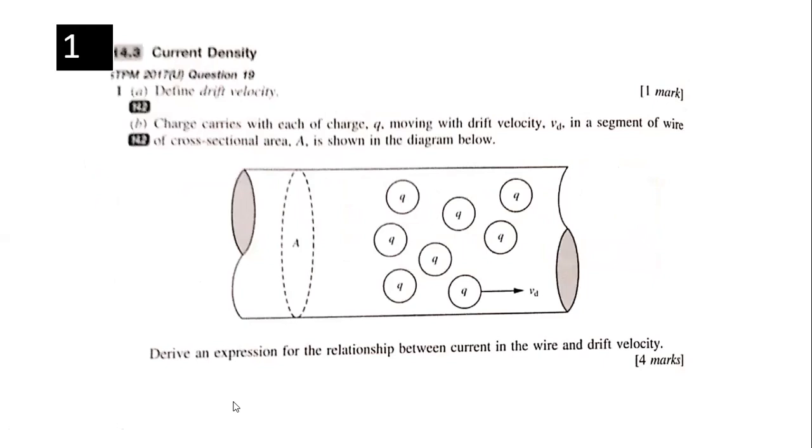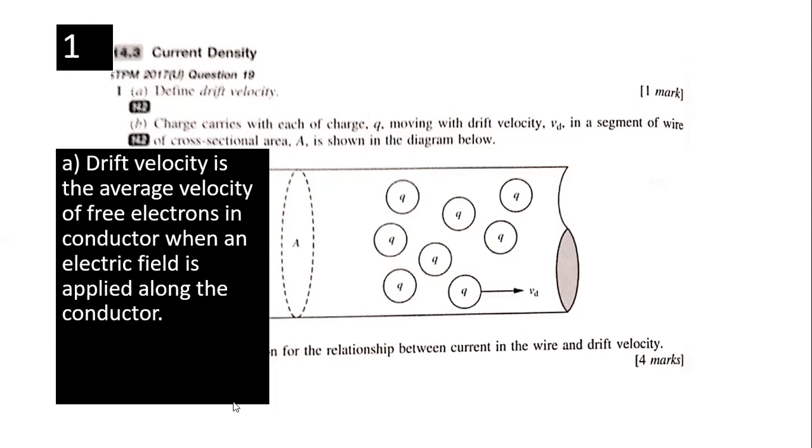It is the average velocity of free electrons in a conductor when an electric field is applied along the conductor.